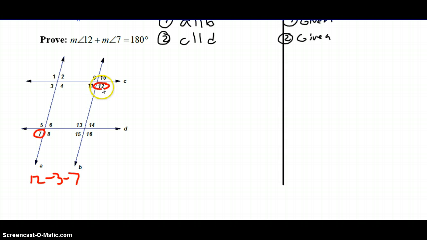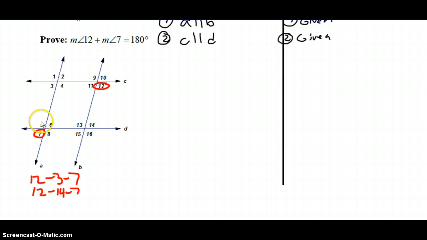I also know that 12 and 14 are supplementary angles, being same side interior. Then 14 to 7 are alternate exterior angles, and so we could do some substituting there as well because 14 and 7 are congruent.